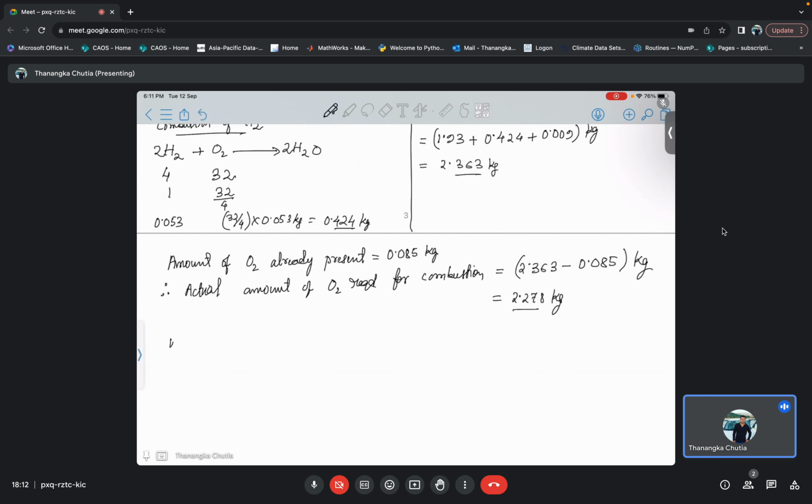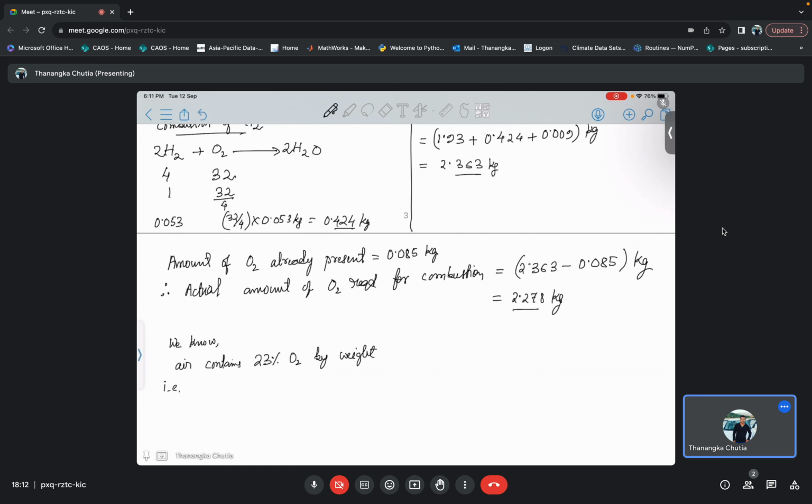Now what we know: air contains 23% oxygen by weight. Because remember we have to calculate the volume of air, so from this composition of oxygen we will have a link to the amount of air that is required. So what does this mean?